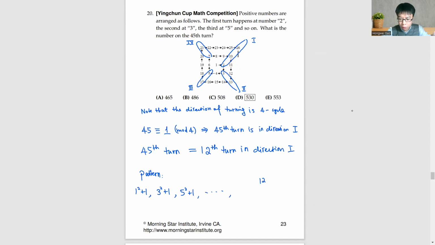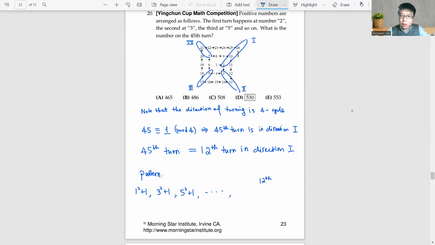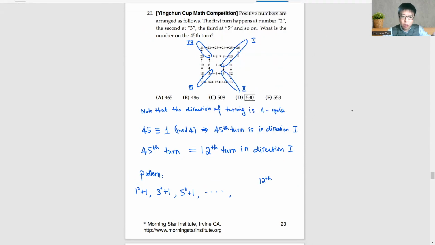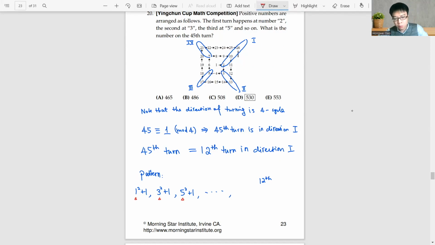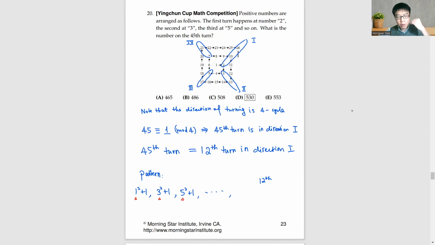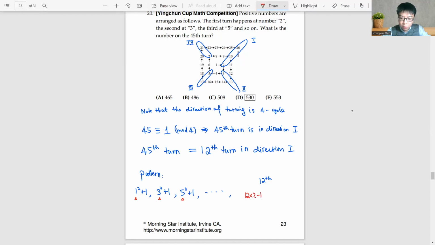So by checking the numbers here, we see that 1, 3, 5 correspond to the odd numbers. The first number is the first odd number, second is the second odd number. So the 12th odd number is going to be 12 times 2 minus 1.